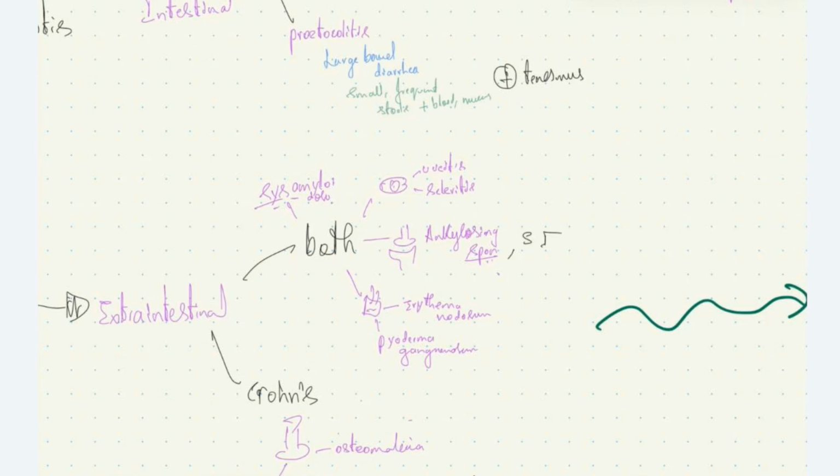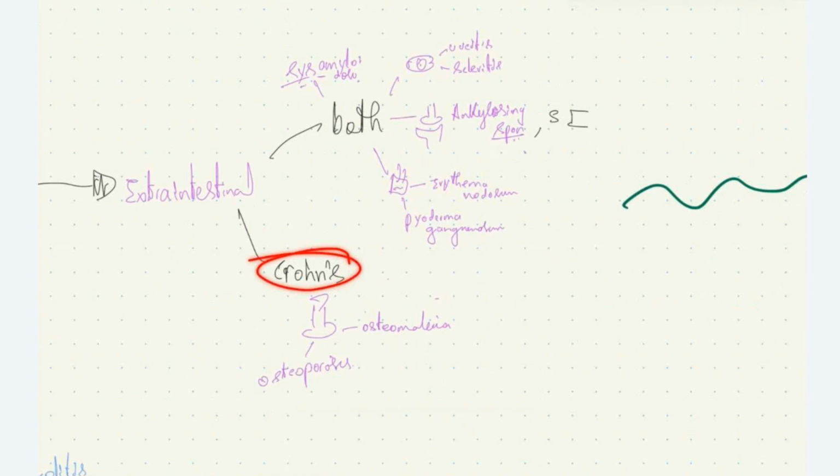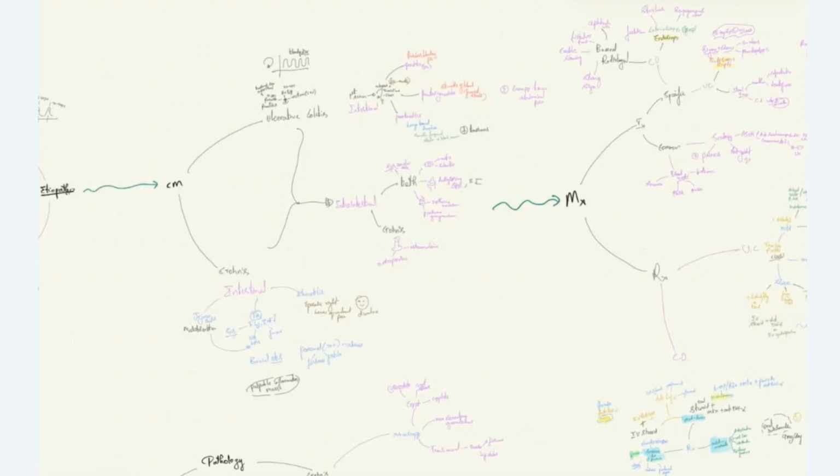Involving skin, we have erythema nodosum and pyoderma gangrenosum. These skin manifestations are more marked in Crohn's disease. In Crohn's disease specifically, we have osteomalacia and osteoporosis. These are all the clinical manifestations that we see in ulcerative colitis and Crohn's disease.